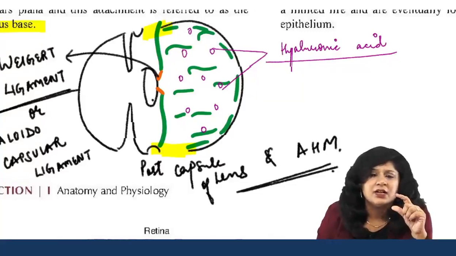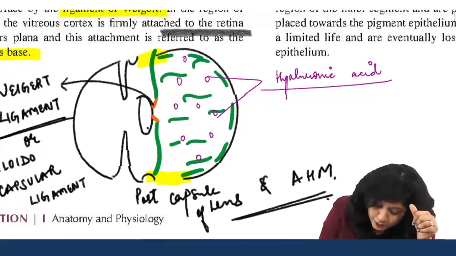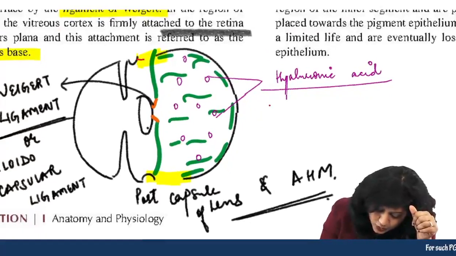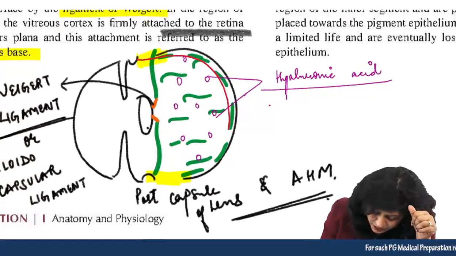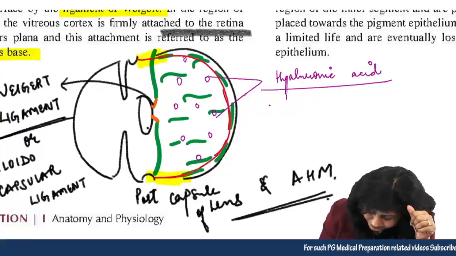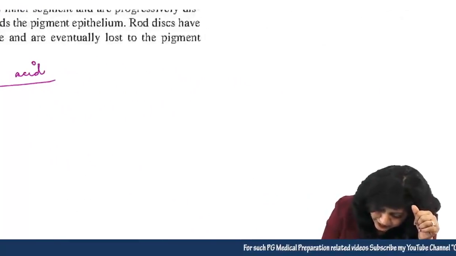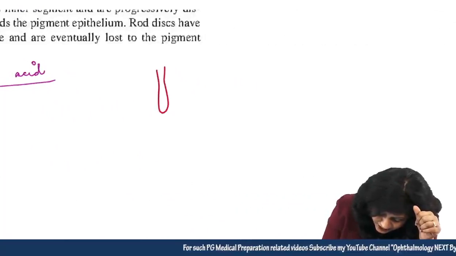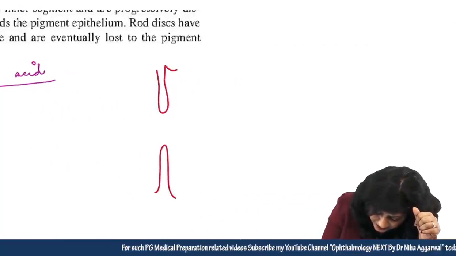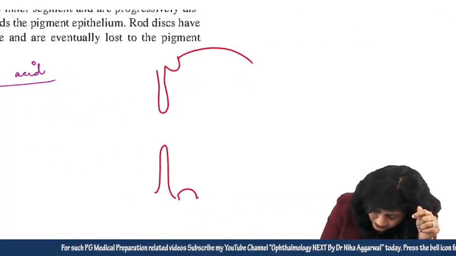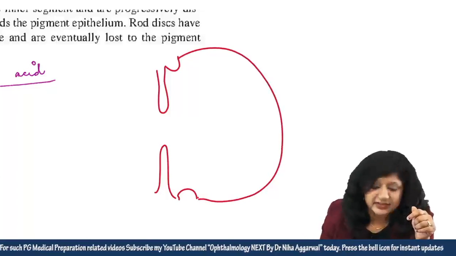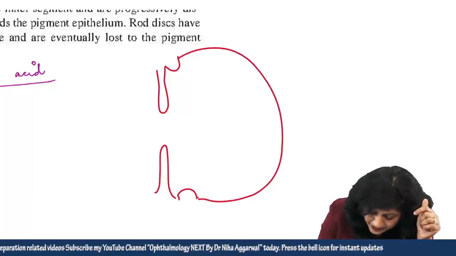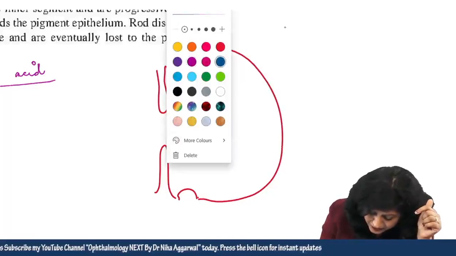serrata. Now what is ora serrata? If you look at the ciliary body, it is going and attaching to the choroid somewhere here. I'll show you in a different diagram. Suppose this is your iris and the ciliary body, and this is the choroid. So this is the uveal tract that I have tried to make, right? And inner to this you have the retina.